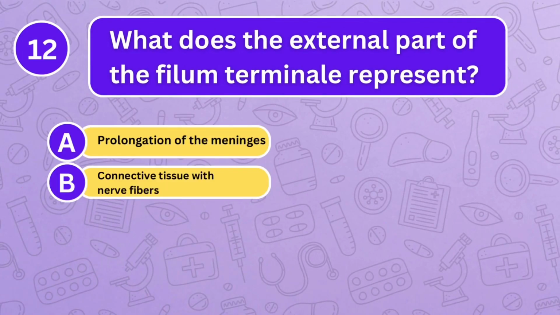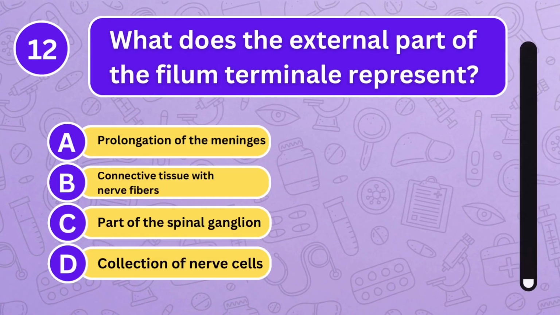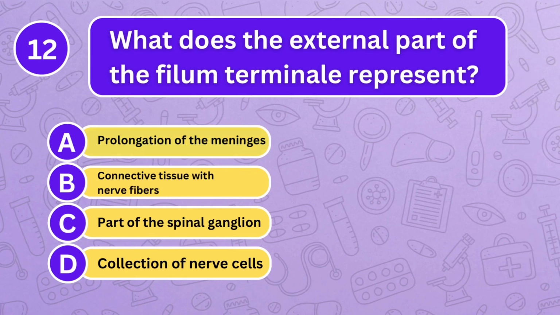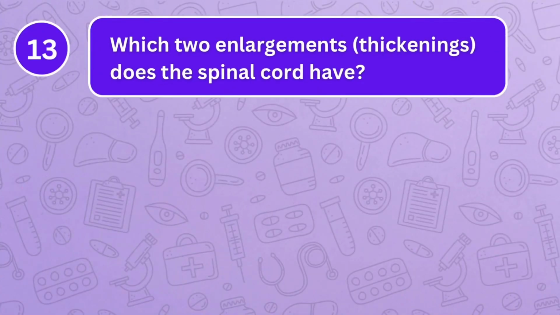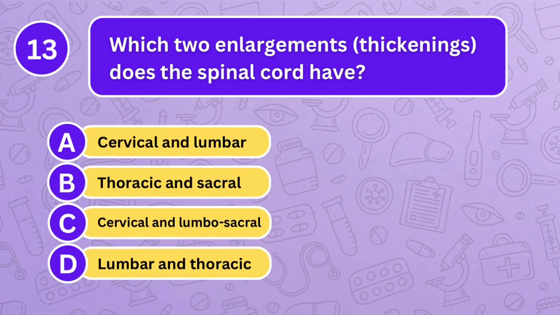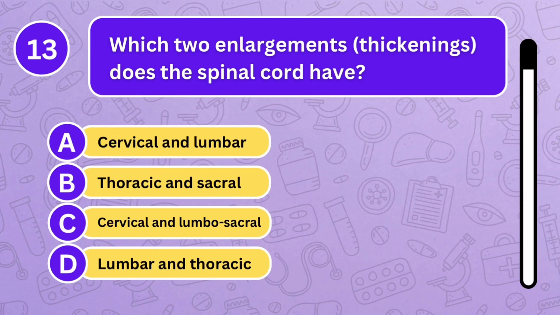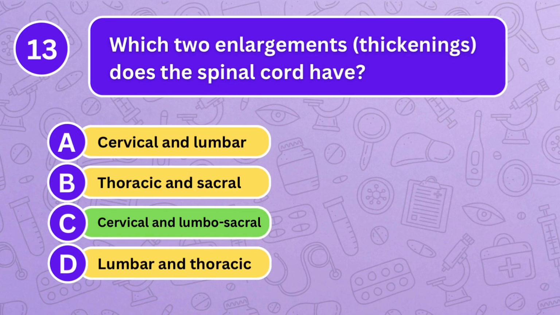What does the external part of the filum terminale represent? Prolongation of the meninges. Which two enlargements, thickenings, does the spinal cord have? Cervical and lumbosacral.